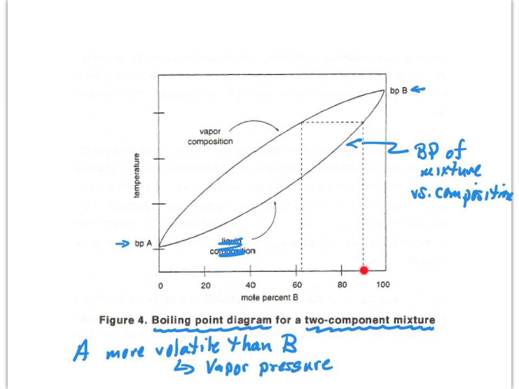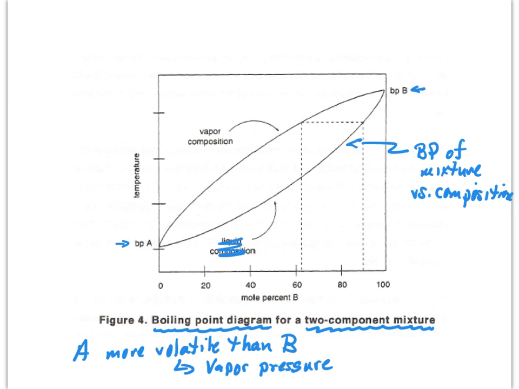So if we go back here, let's go with this line since they've got it already drawn here. At 90% B, that mixture will boil at that temperature. But the vapor composition at that temperature is this.